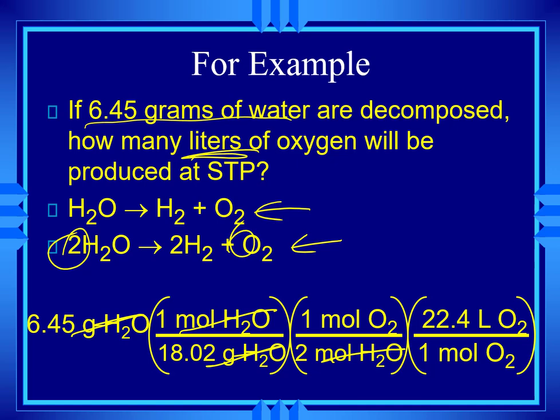So I push those buttons on my calculator: 6.45 divided by 18.02, divided by 2, times 22.4, equals, I get 4.01 liters.